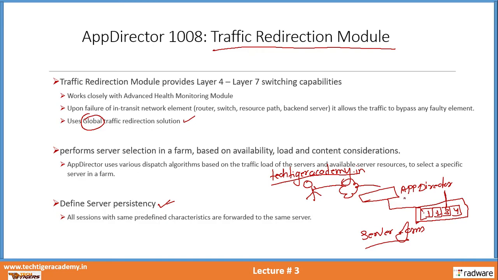All the rest of the connections coming from other users will be served respecting the load balancing algorithms. But persistency says that if a user is connected to a server, that user should stay connected to that server only till the session expires. So all sessions with the same predefined characteristics are forwarded to the same server.